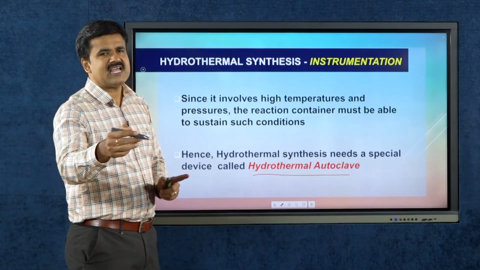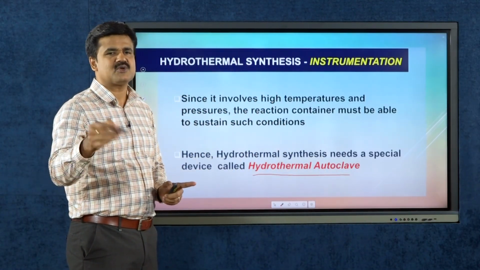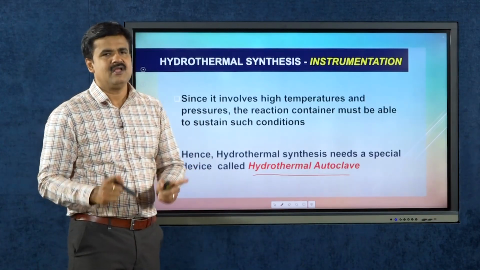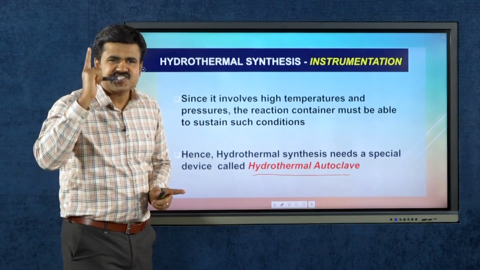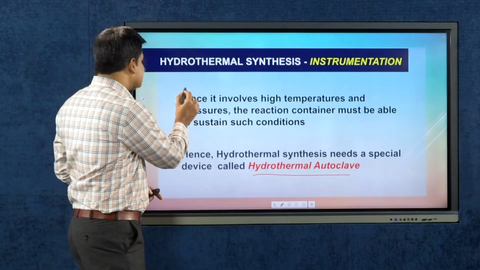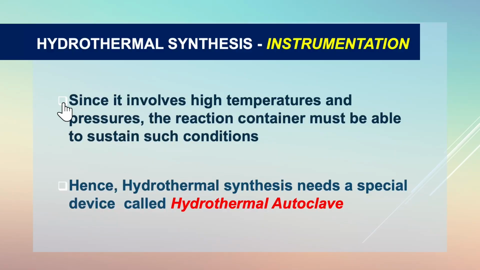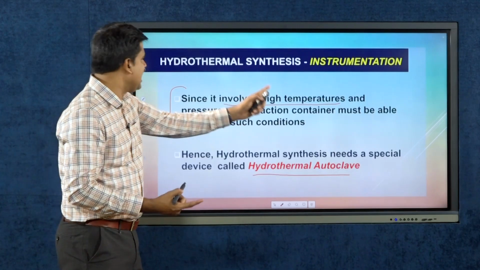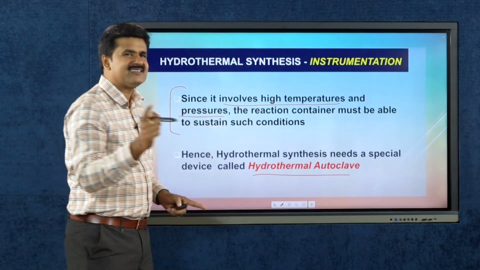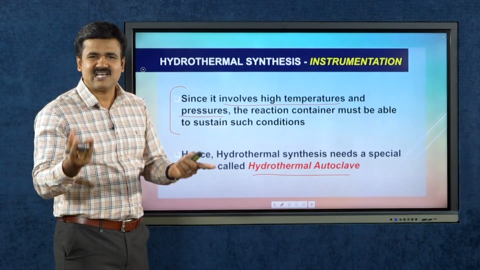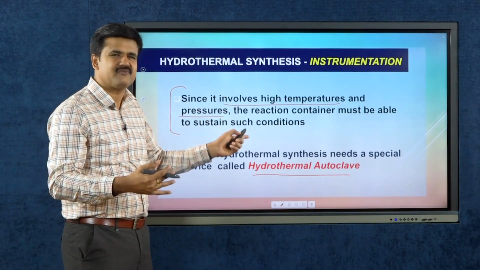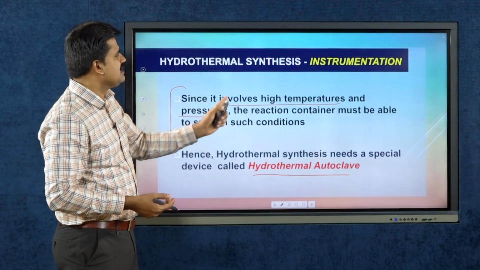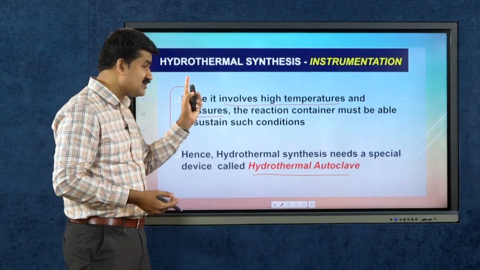So, before entering into the pictorial representation or details of the hydrothermal autoclave, my question is, why is this special instrumentation required? The answer is here. Since hydrothermal synthesis involves high temperature and pressure, that cannot be performed in common glassware or a test tube, or simple conditions.